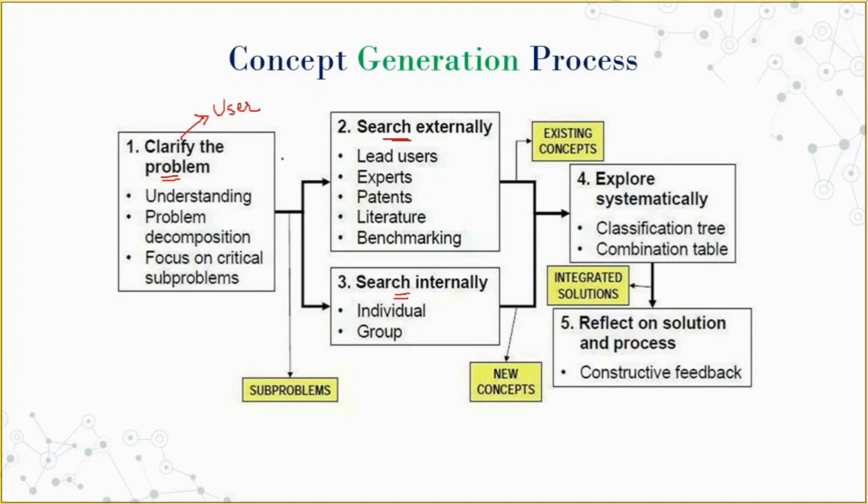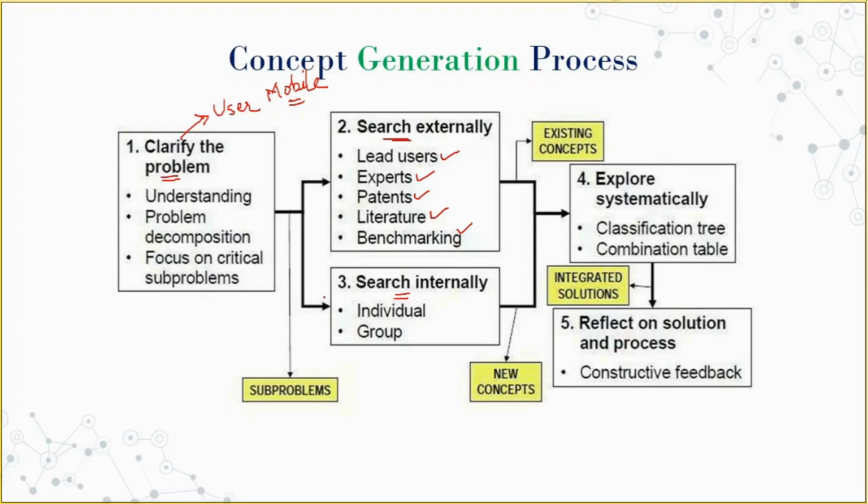If you want to design a mobile phone, you will check externally what existing designs of mobiles are available, and you will check internally with your team as well. Externally, you can talk with the lead user, check with experts, and check patents, literature, benchmarking, and the internet.